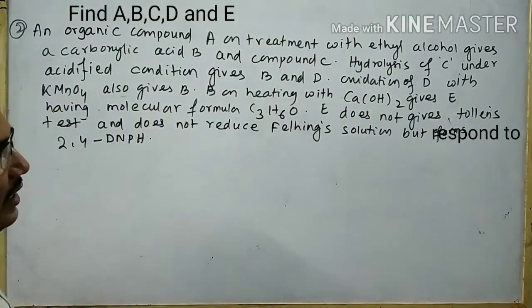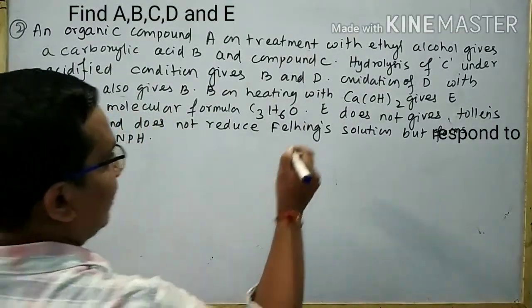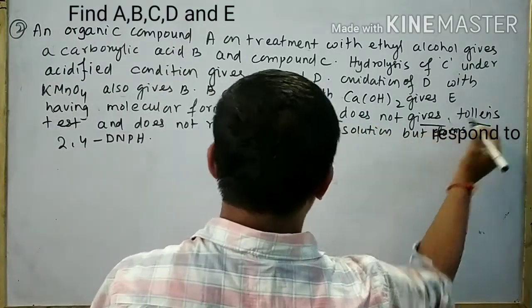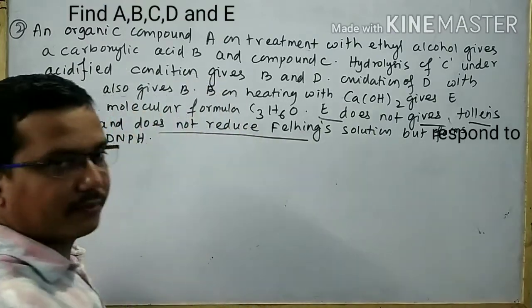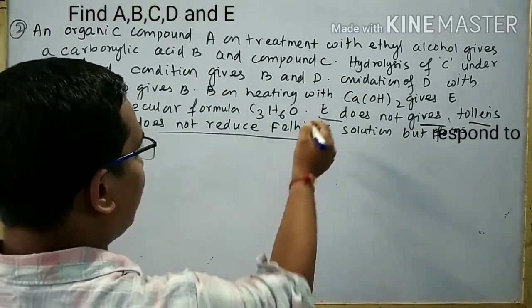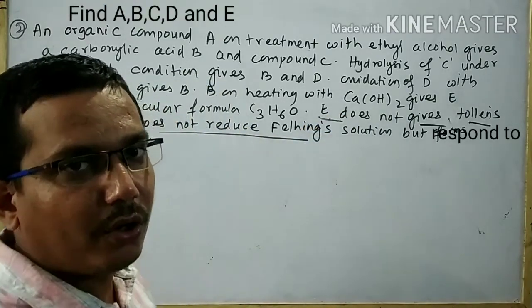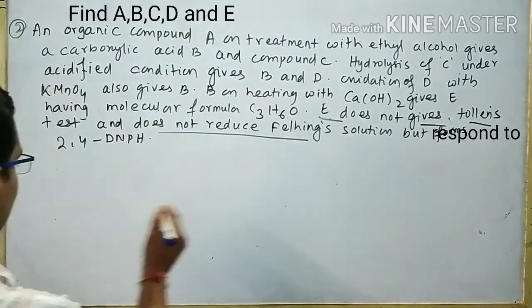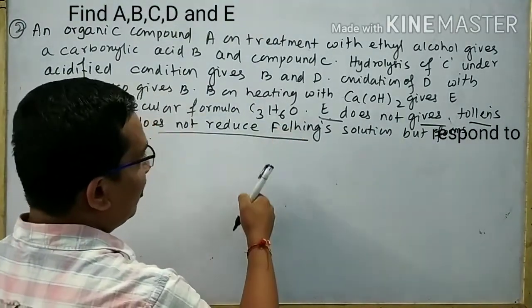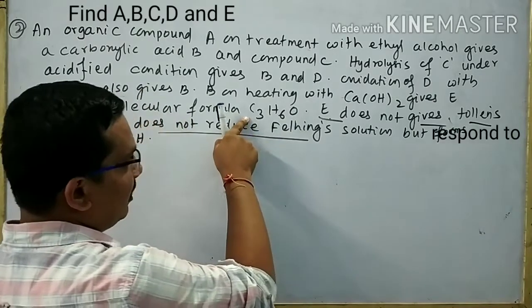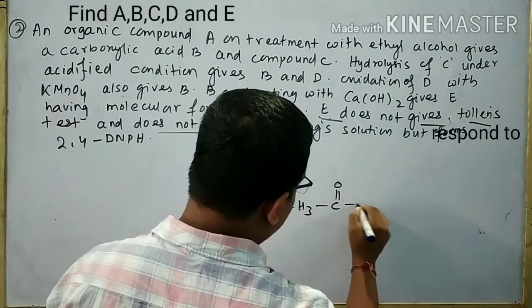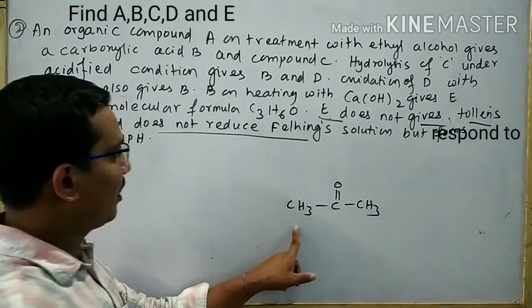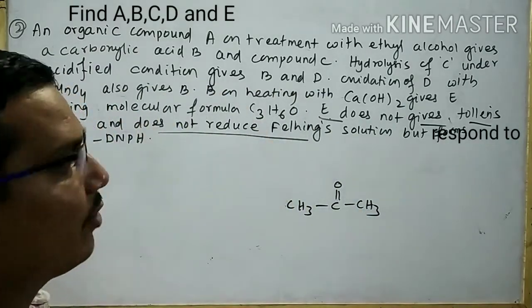From this question it is clear that E does not give Tollens reagent and does not reduce Fehling solution. That means E must belong to the ketones, and the formula of this ketone is C3H6O. That means we can write that it is acetone, C3H6O.